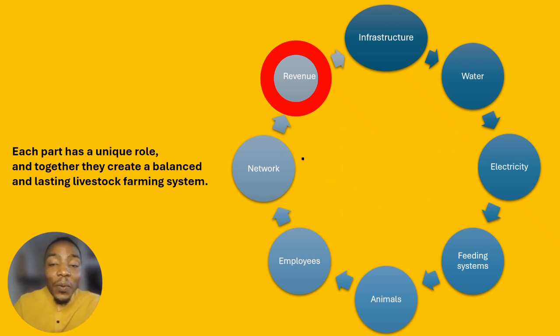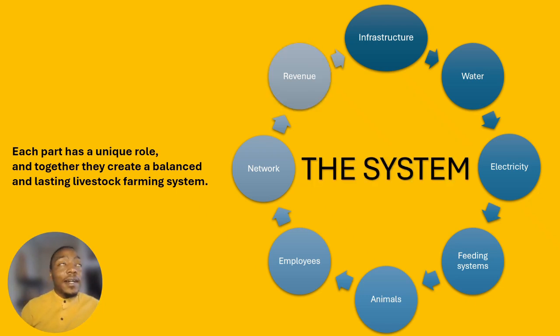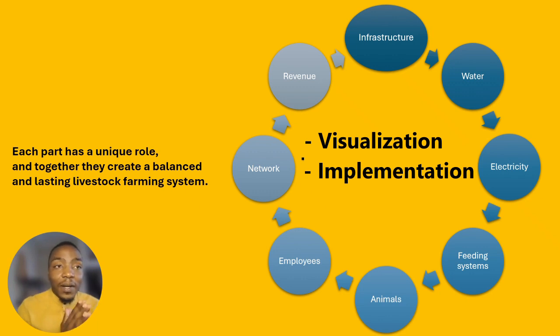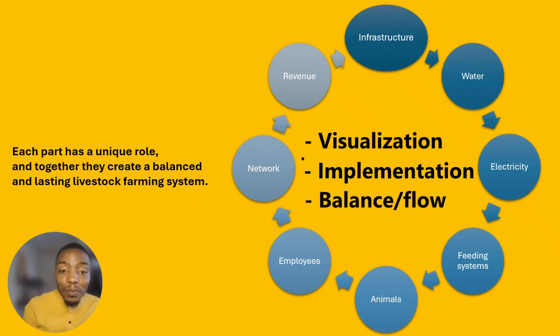Now, what's the takeaway from all this? Basically, whether you're starting your livestock journey or even investing in crop management, this model is going to help you to visualize this system, and it's going to allow you to know which different components you need to implement at what given time, and just understanding how everything is balanced and how it flows will also make everything easier for you.